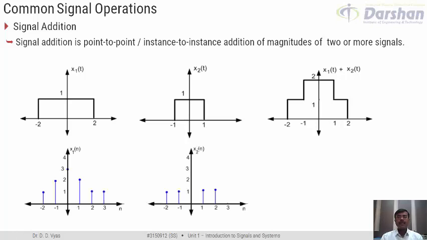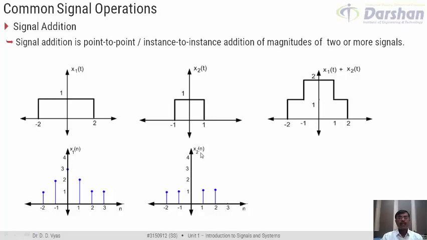The same meaning is there for discrete time signals also. Let us try to take two signals x1[n] and x2[n]. What is the nature of x1[n]? The magnitude at n equal to minus 2 is 1, at n equal to minus 1 is 2, at n equal to 0 it is 3. Similarly, the magnitude is 2, 1 and 1. x1 spreads from minus 2 to 3.